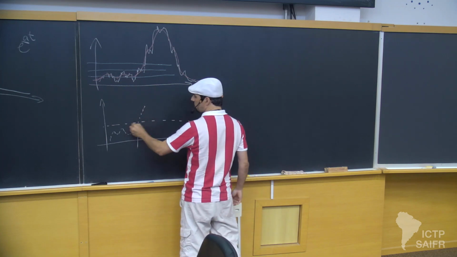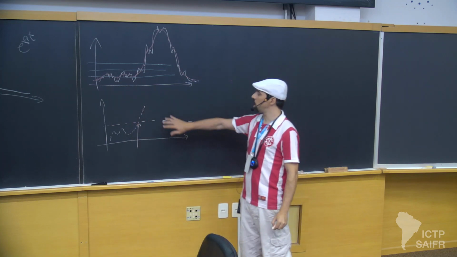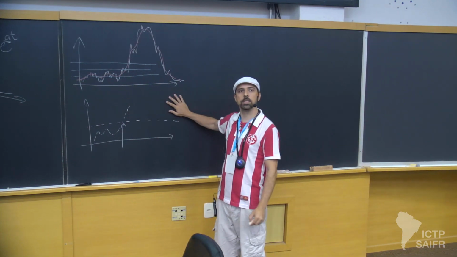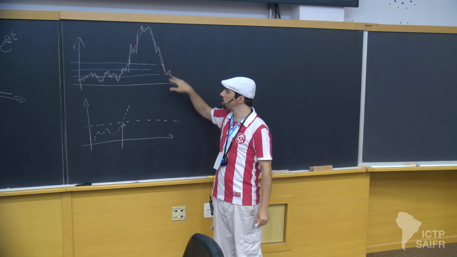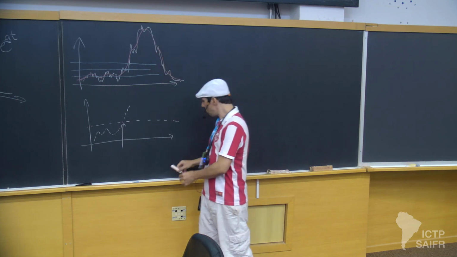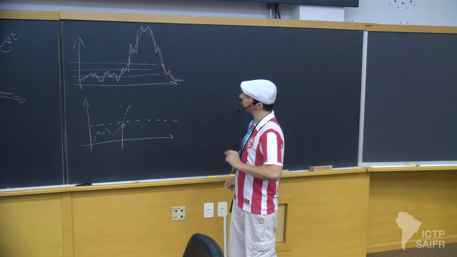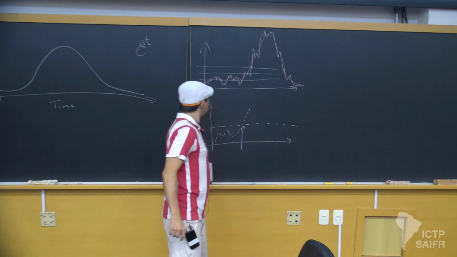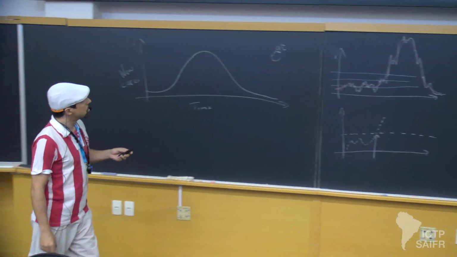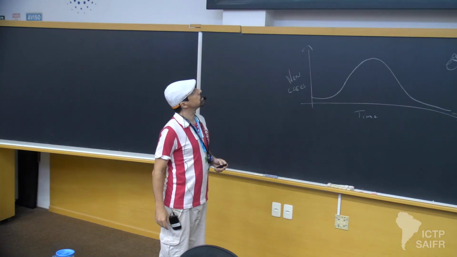Once I have crossed this threshold, I'd say, okay, so from now on, what I expect is to have an increasing number of cases for several weeks before it starts to go back down, right? So how can we tackle that process?